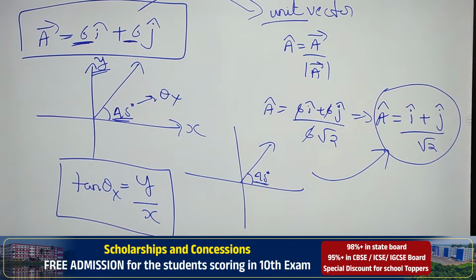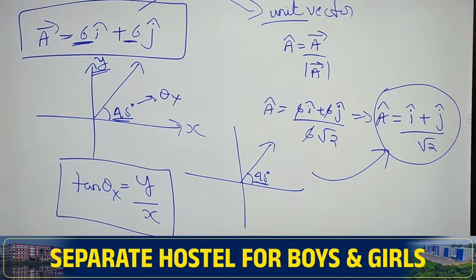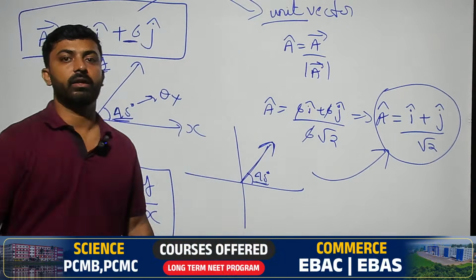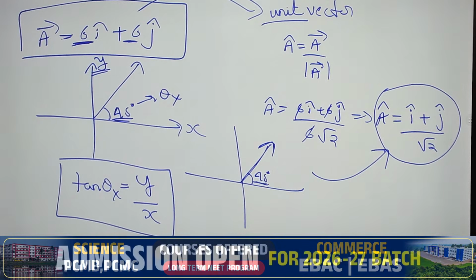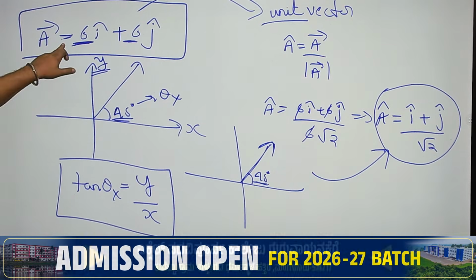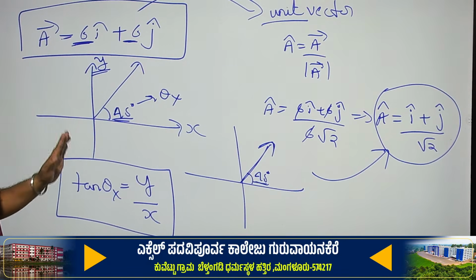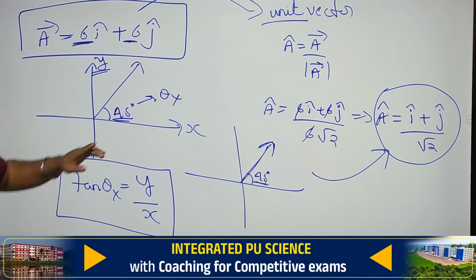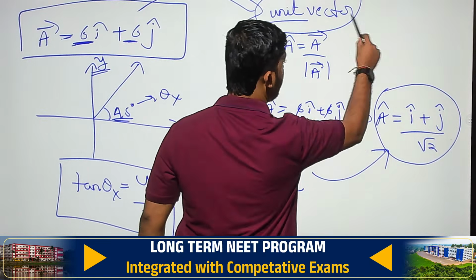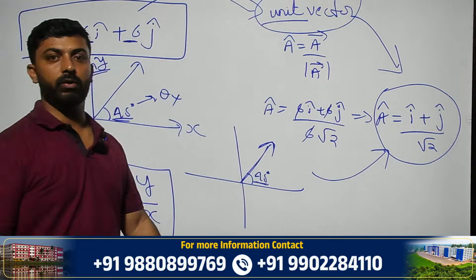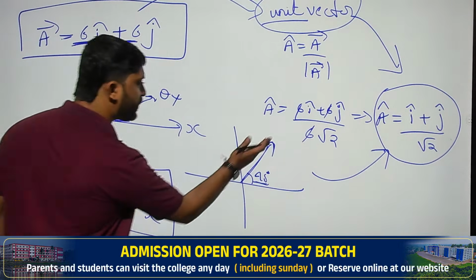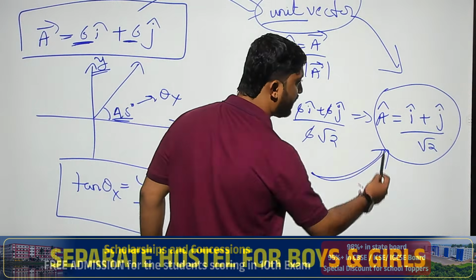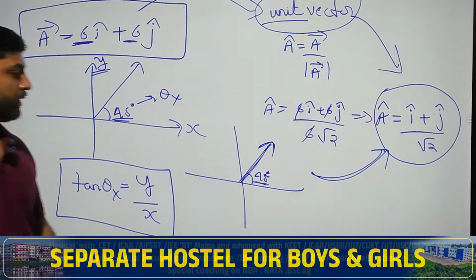If two coordinates are the same, then this vector makes an angle 45 degree with x as well as y, and their unit vector will be i plus j divided by root 2. If you want to represent a direction which makes an angle 45 degree, then the directional vector or unit vector is i plus j divided by root 2.